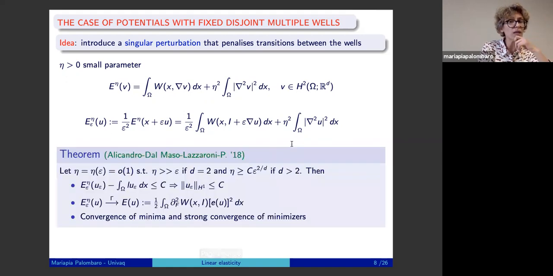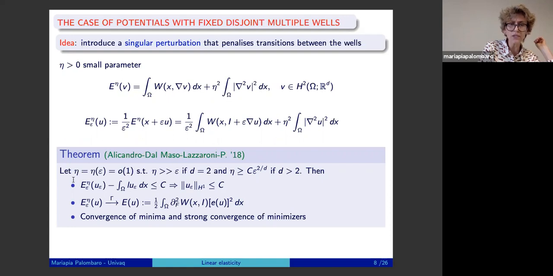Together with Alicandro, Dal Maso, and Lazzaroni, we proved the following result. If eta satisfies this scaling assumption with respect to epsilon, so in dimension 2 it is much larger than epsilon, and in dimension d larger than 2, it satisfies this inequality, then we can prove compactness of the sequence of the displacements, and Gamma-convergence.